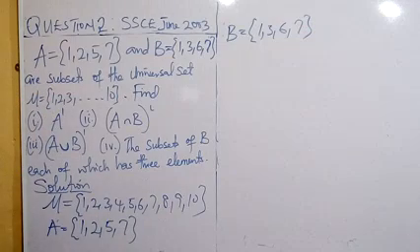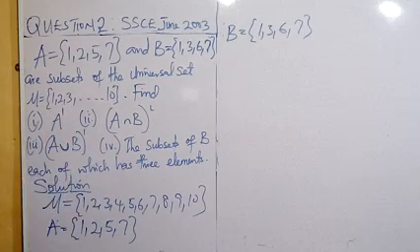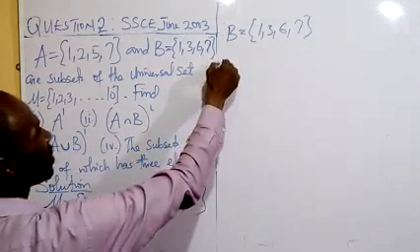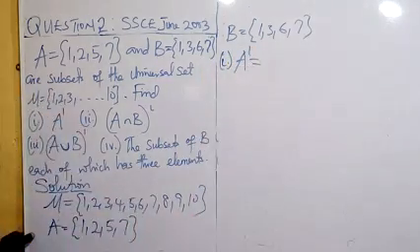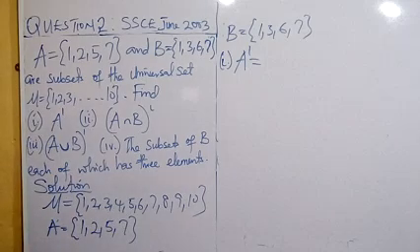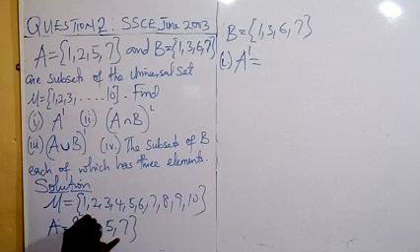But the question is, find A prime, that is A complement. To find A complement, look at subset A. We have 1, 2, 5, 7. A complement will be those elements we don't have in A, but which are in the universal set.